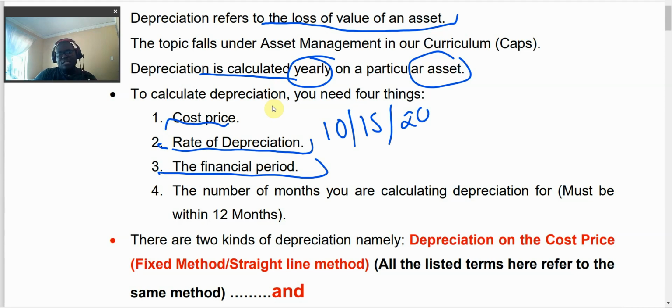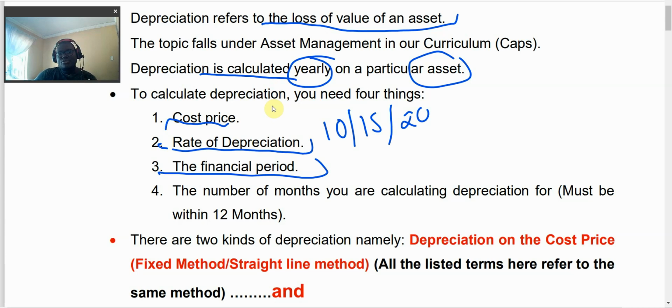But if we bought that car in March, depreciation will be calculated for a different period. We will not use 12 months. We will only use the number of months that we've had that particular car, that particular equipment, or furniture with us.